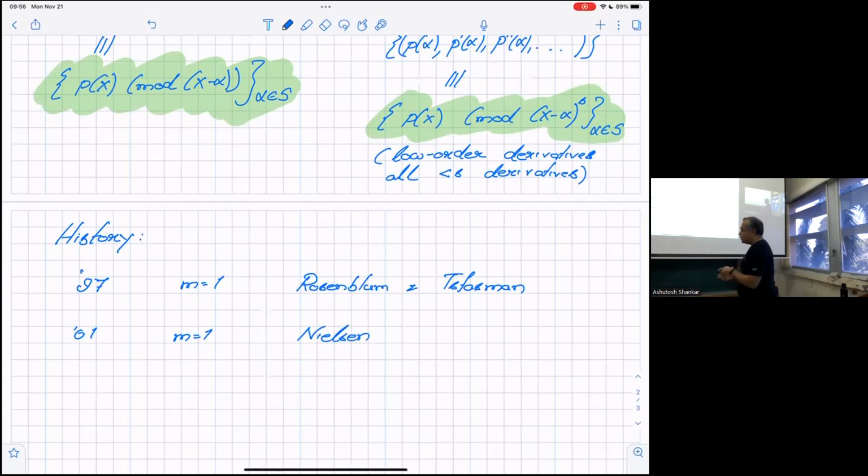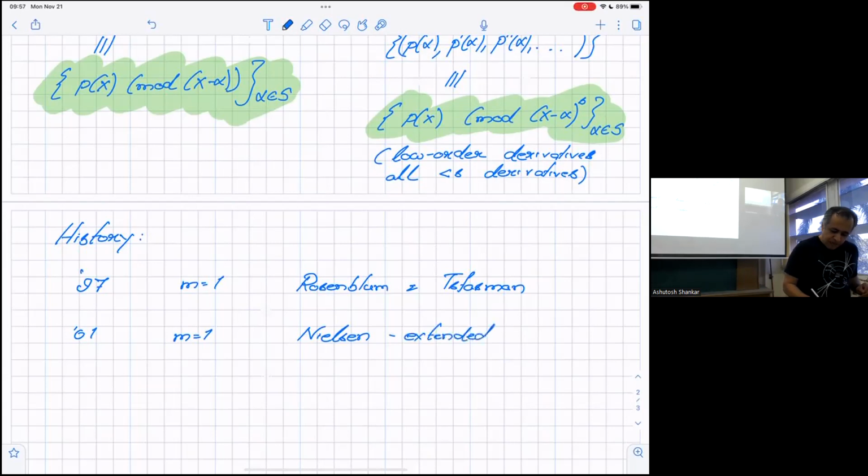What he did was take the Welch-Berlekamp algorithm that we saw and the Guruswami-Sudan algorithm and show that both these algorithms, which work for Reed-Solomon, also work for the univariate multiplicity codes. So he extended the Welch-Berlekamp and Guruswami-Sudan algorithms to the univariate multiplicity setting.